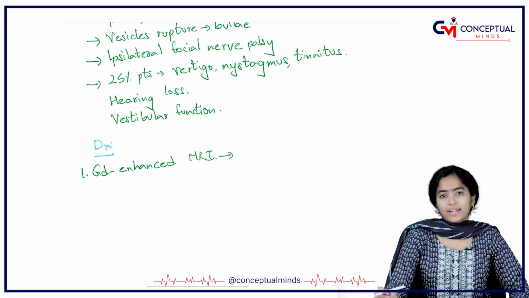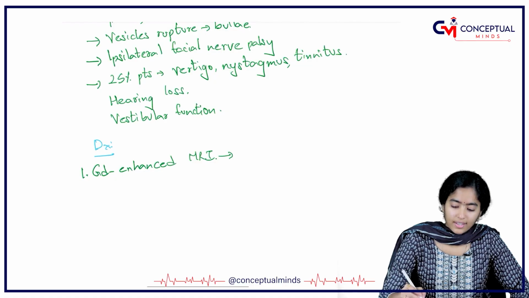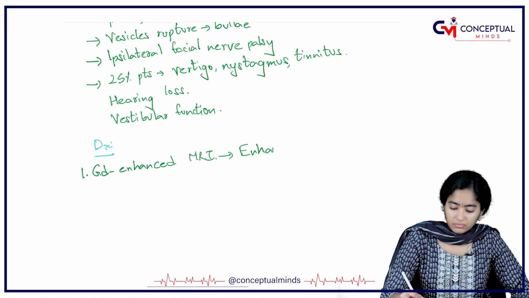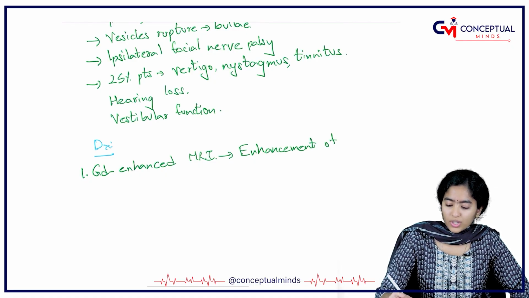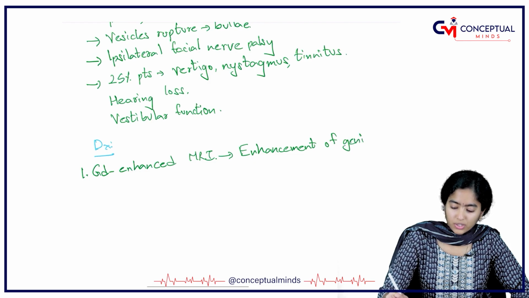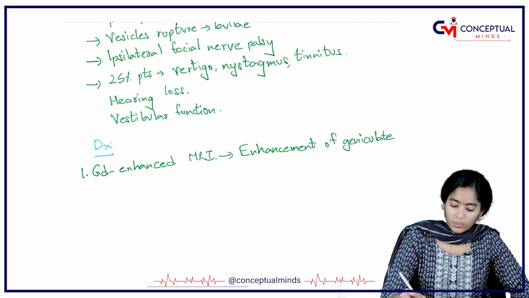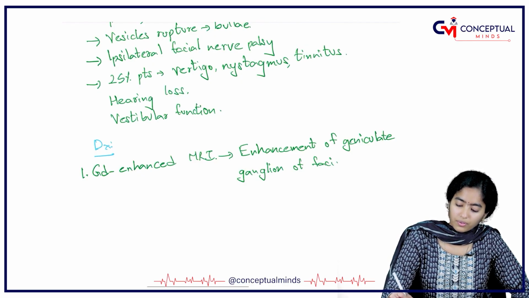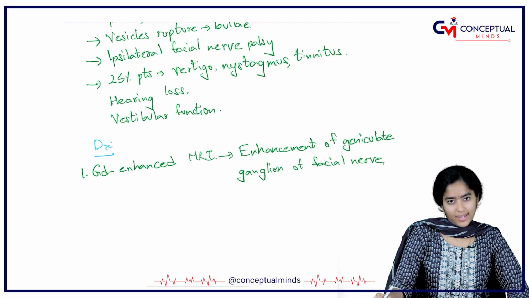So on a gadolinium enhanced MRI, we see that there is enhancement of the geniculate ganglion of facial nerve, where this virus was lying dormant and it has now become activated. This is seen in a gadolinium enhanced MRI.